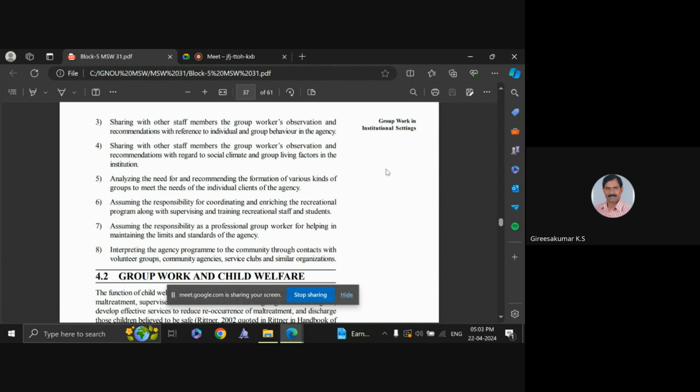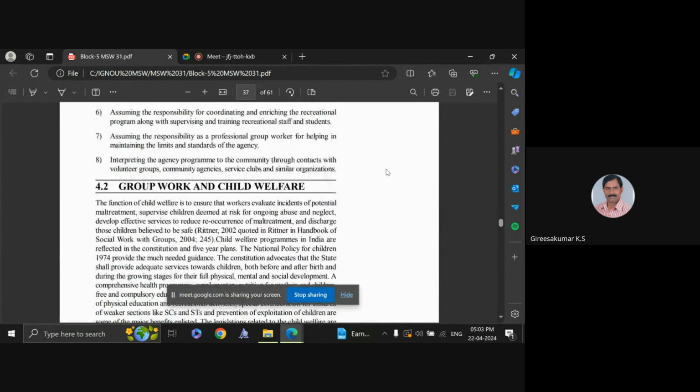Then group work and child welfare is one of such areas. Child welfare, hospitals, and so many institutions need social group work.